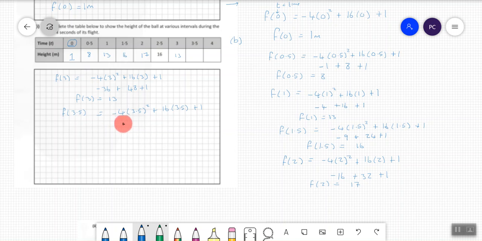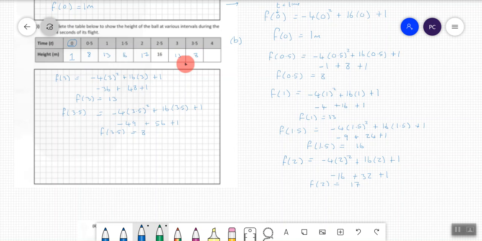So that's equal to minus 49, plus 16 times 3.5. 16 multiplied by 3.5 is equal to 56, plus 1. So 57 minus 49 is going to be equal to 8. So function 3.5 is equal to 8. So that's that one there.